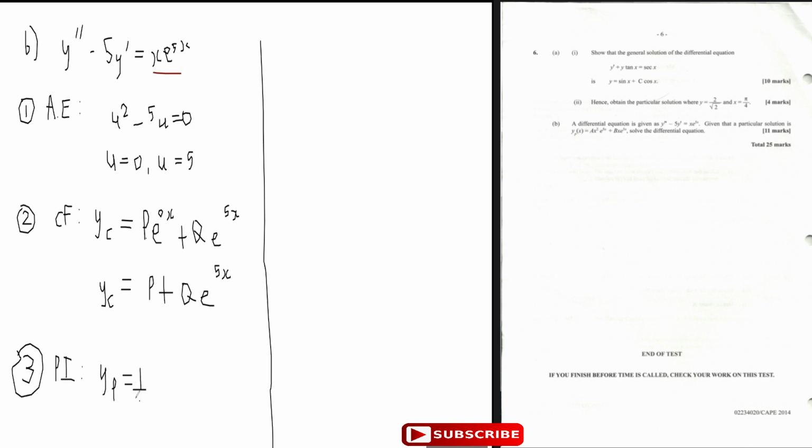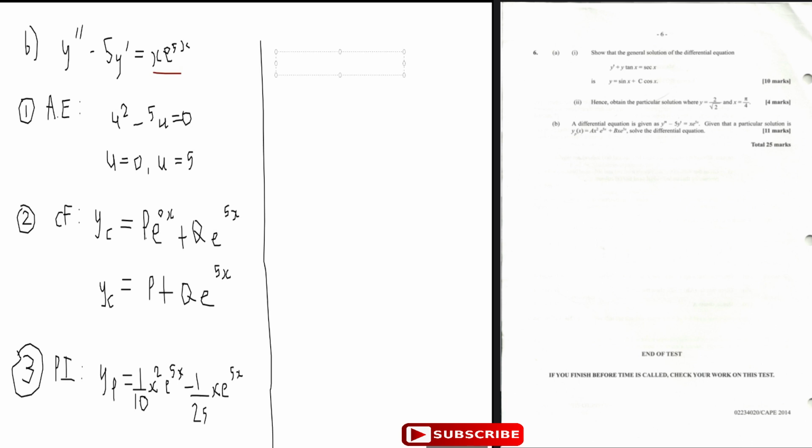So our particular integral is 1 over 10 x squared e to the 5x plus b, and b is minus 1 over 25, minus 1 over 25 x e to the 5x. Now again, this is not the answer. We are not finished yet. So now we need a general solution.